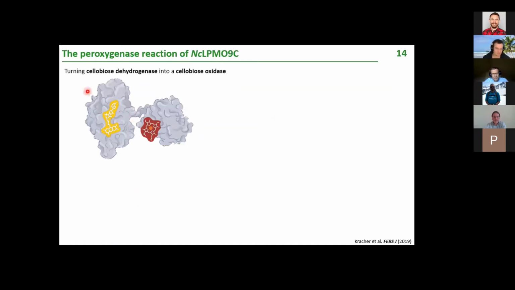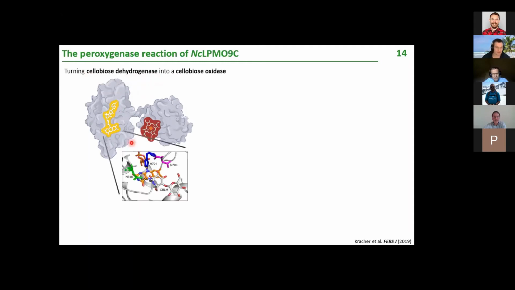Knowing this peroxygenase reactivity of LPMO, we went back to our beloved CDH enzyme, and we thought, okay, so if peroxide is critical for the reaction, can we enhance the oxidase activity of cellobiose dehydrogenase? Being a dehydrogenase, of course, you have a very low turnover with oxygen.